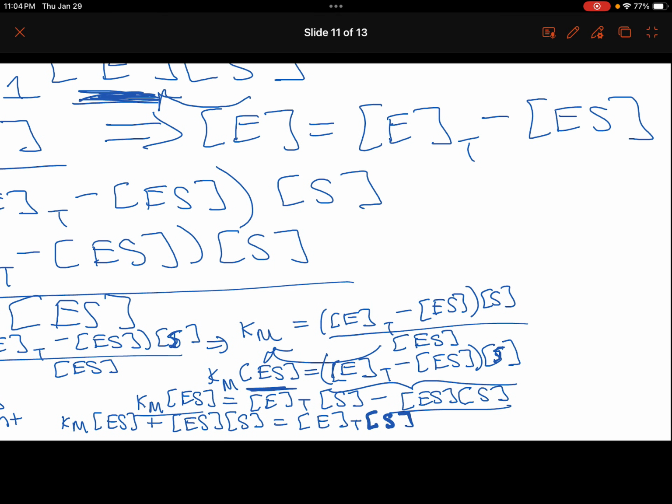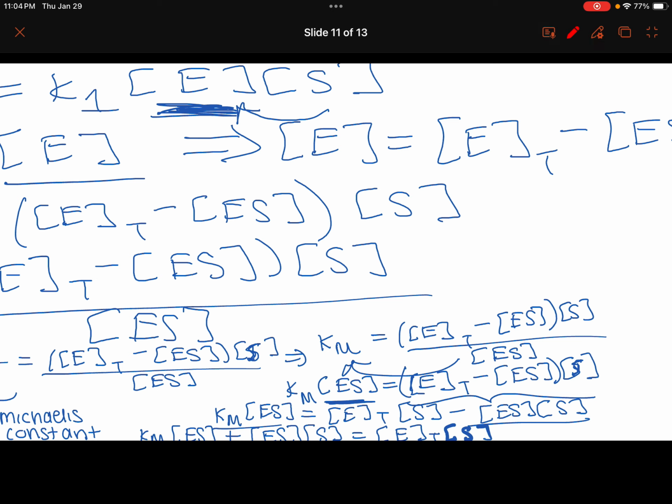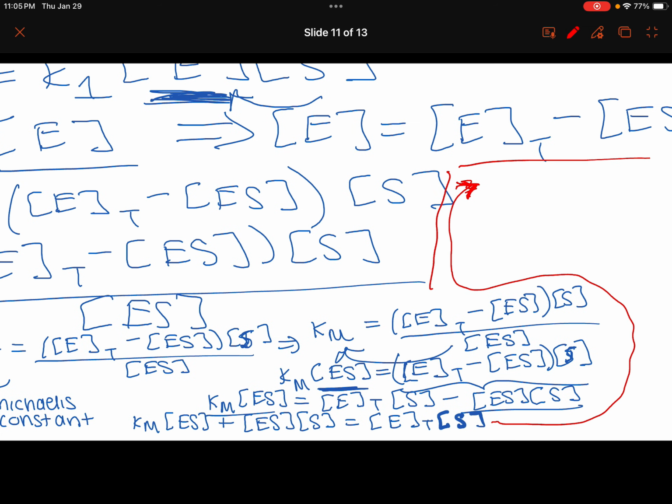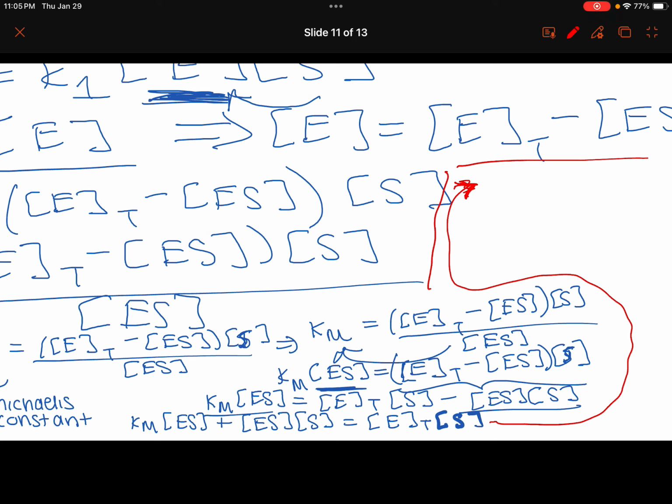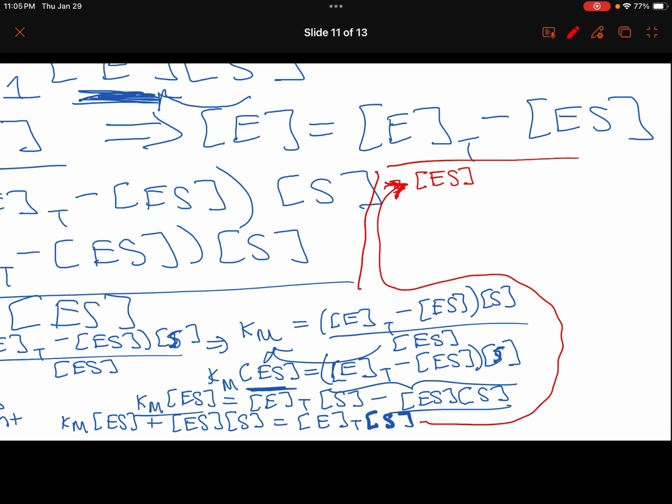And then 2 more steps on this slide. So I'm going to change my color and bring this up into this spot. All right, so this is going to come up here. So we're pulling out our enzyme substrate complex now because it's common to both things on the left side. Sorry, I'm still getting used to the tablet.